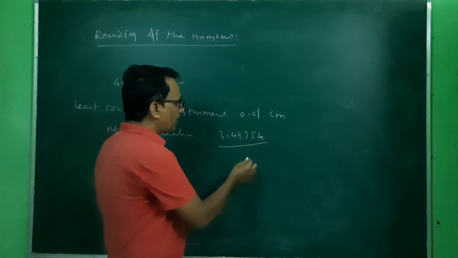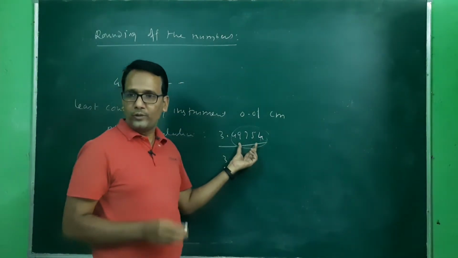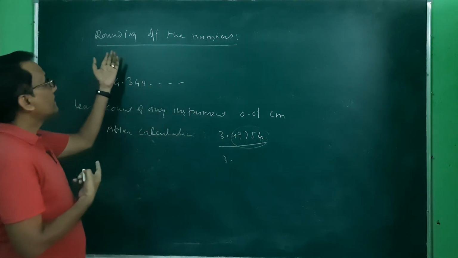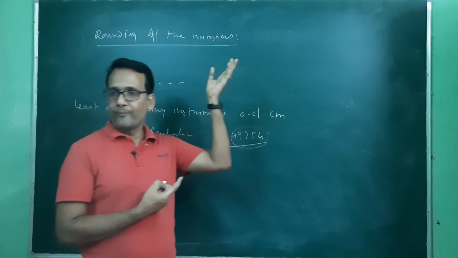So we have to convert this to 2 digits after the decimal point only, and then we use the rule of rounding of numbers.